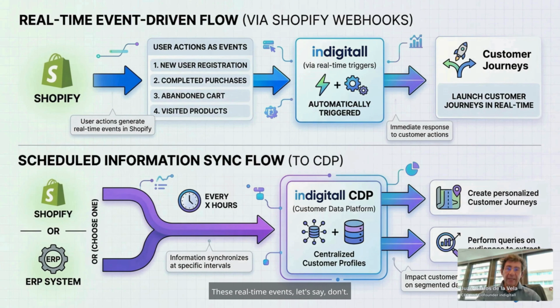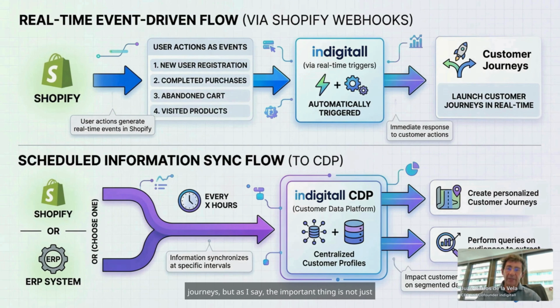These real-time events don't go through the CDP to create segmented audiences, but real-time events would be: I just registered on the website or the mobile app, I just made a purchase, I just abandoned the cart, I viewed products. All of those are events that require a real-time action. Well, what we've done is have a plugin within Shopify that allows connecting Shopify with Indigitall to create real-time events and allow me to manage those journeys.